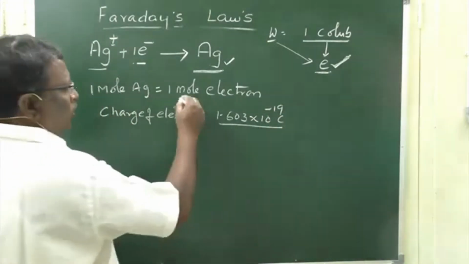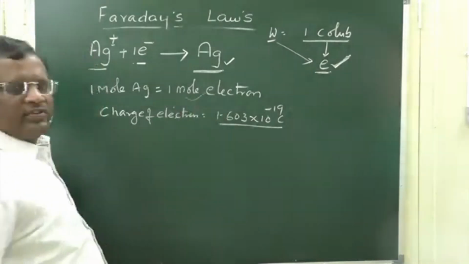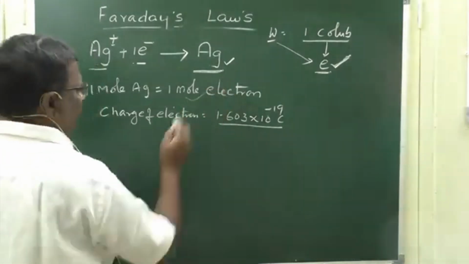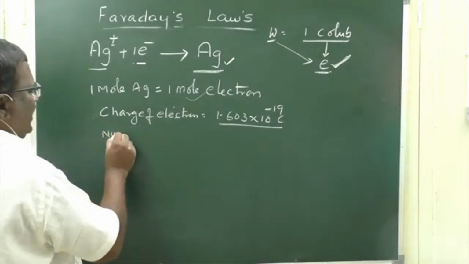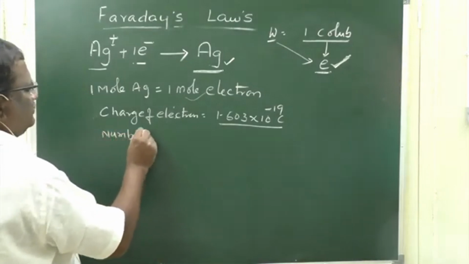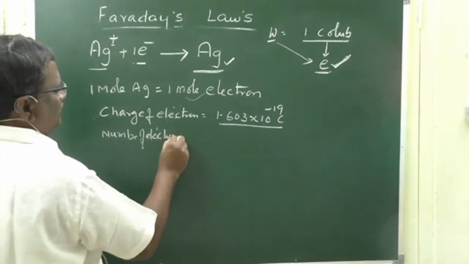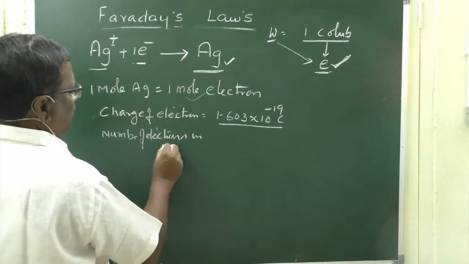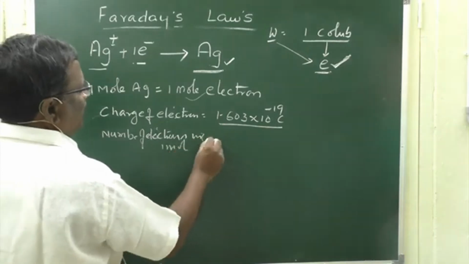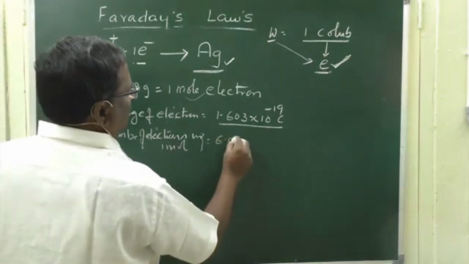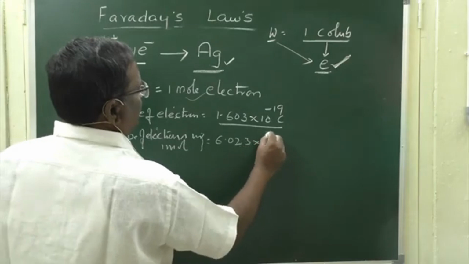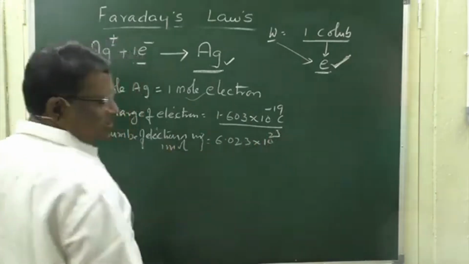Now, to deposit 1 mole of silver you require 1 mole of electrons. Therefore, the number of electrons in 1 mole means nothing but the Avogadro number, 6.023 x 10^23 electrons.